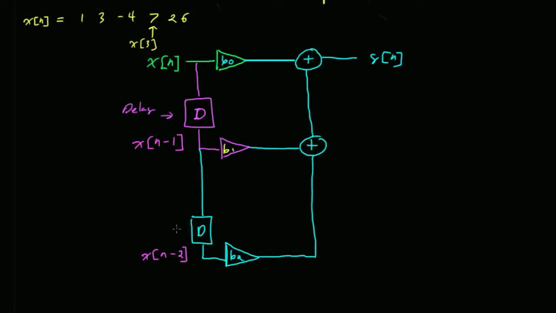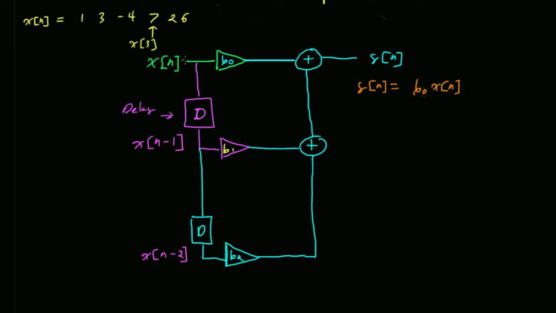Okay, so let's put this together. What does y of n equal? Well, let's work it. If this is x of n, and this is the multiplier b, what number do I have here? Good. I have b0 times x of n. Now, that's not all that goes into y.